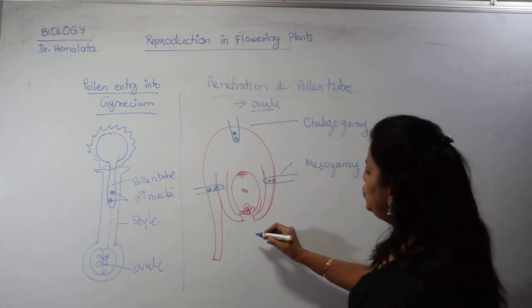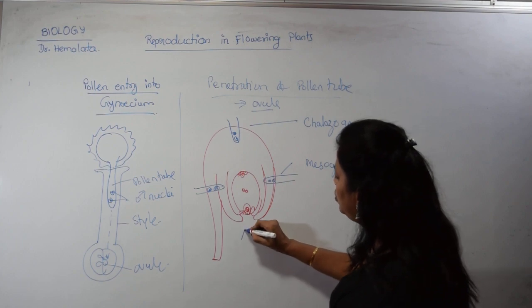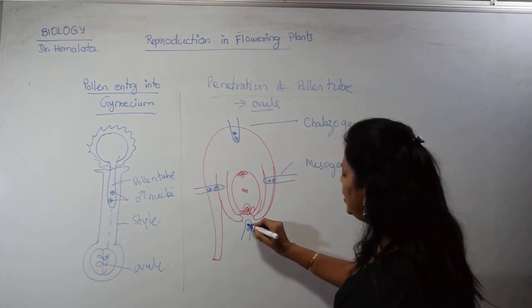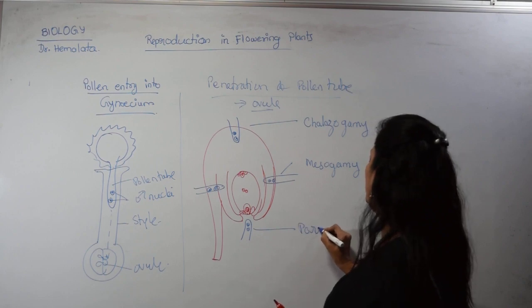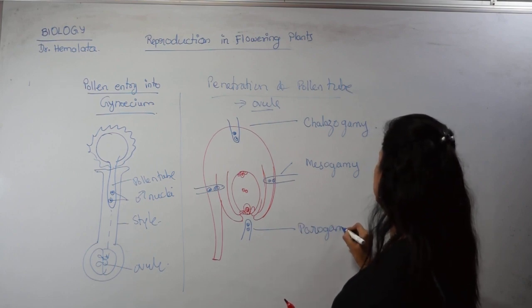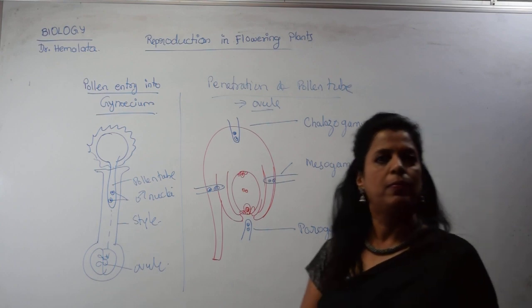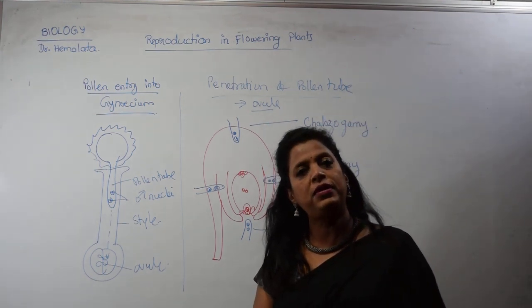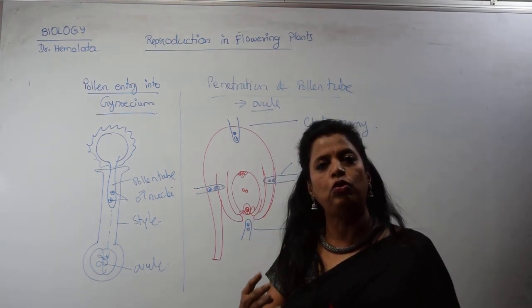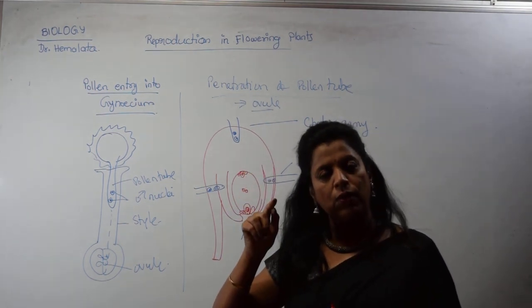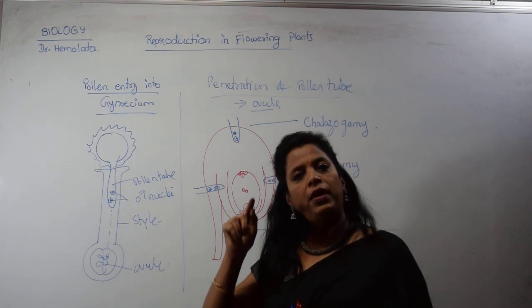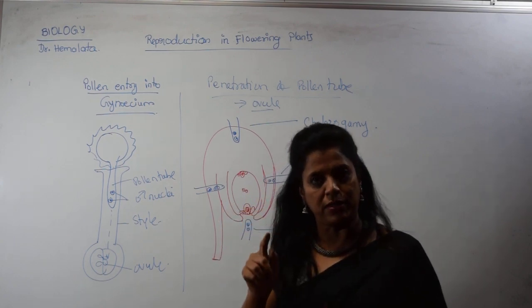Then the last one is entry of the pollen tube through the micropyle. You can see here, this is the micropyle. This we call porogamy. So there are 3 types of entry of the pollen tube into the ovule. One is chalazogamy, where the pollen tube penetrates the ovule through the chalaza.